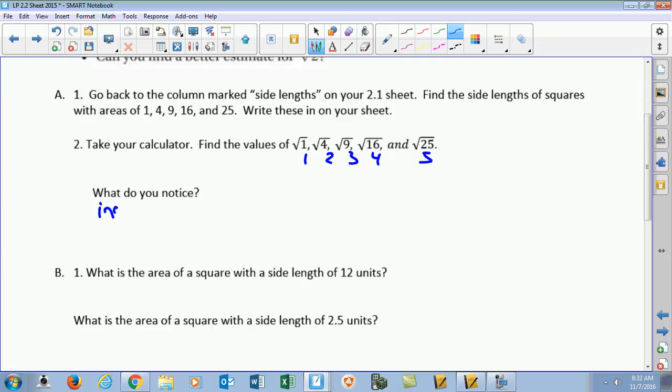Also, when you multiply each of these numbers by itself, you get the number inside the square root, correct? Thank you. Yes, I know it's Monday. Wake up.